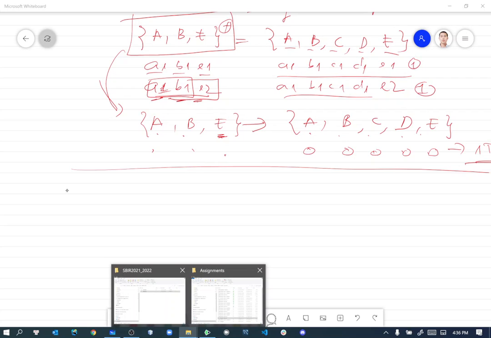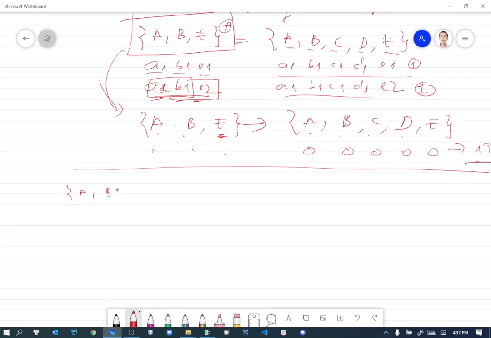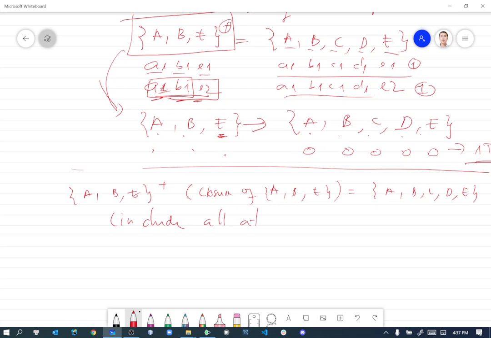The closure of A, B, E equals A, B, C, D, E, which means that it includes all attributes.